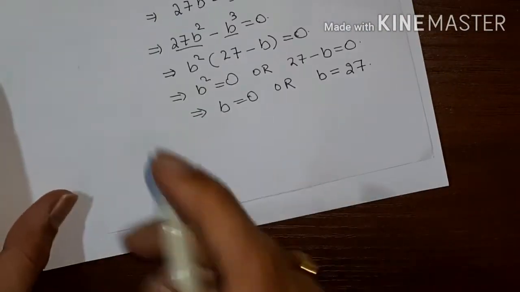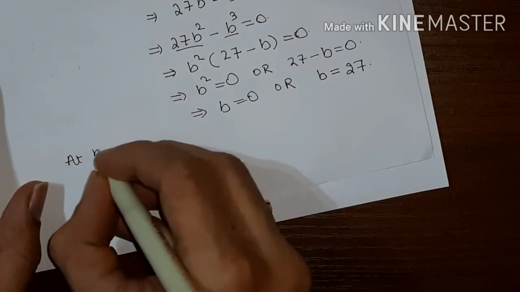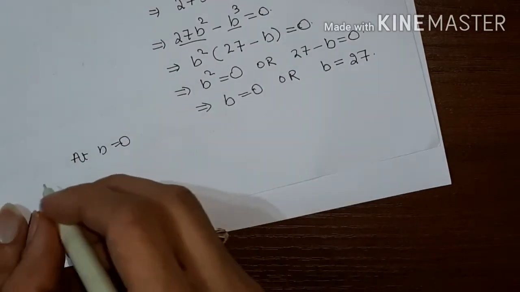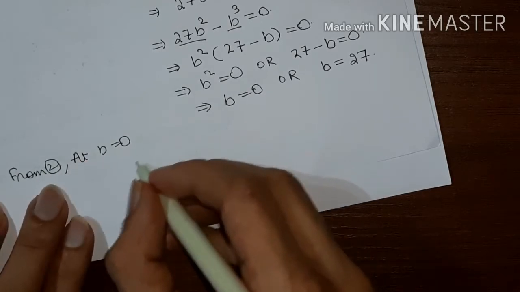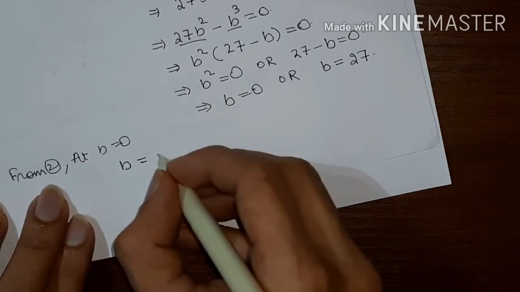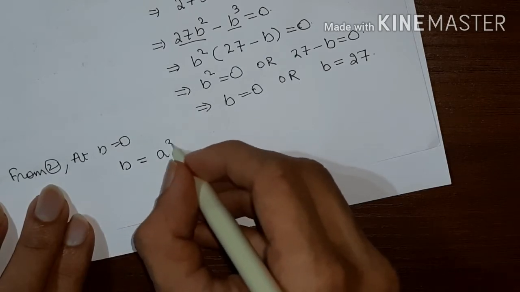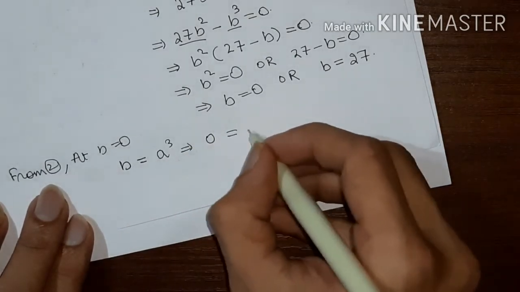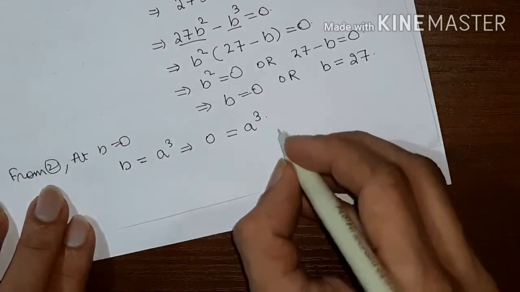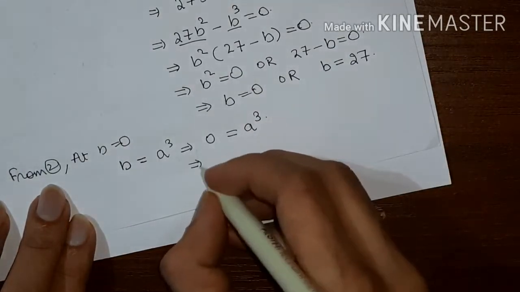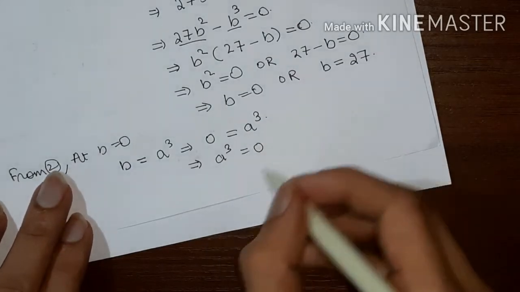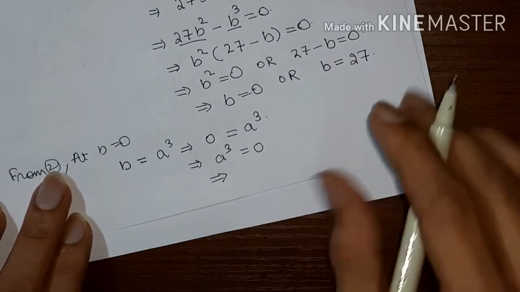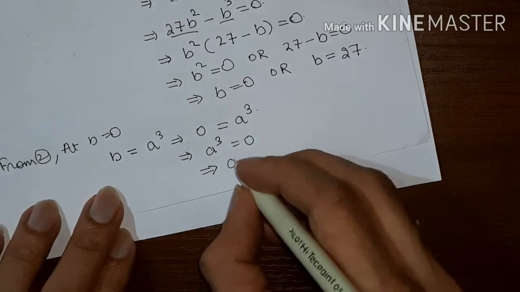So what I'll get, at b equal to 0, okay. So this is from 2, at b equal to 0 what you get, b equal to a cube, so this implies 0 is equal to a cube, right, or simply a cube is equal to 0, only just interchanging the terms. So whose cube is 0 here, a, right.